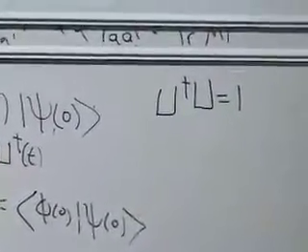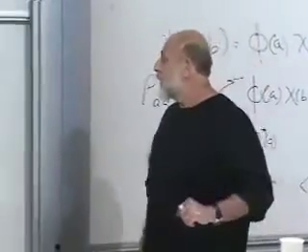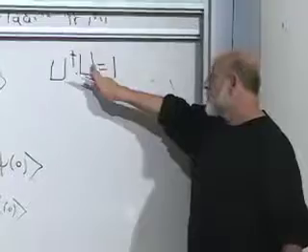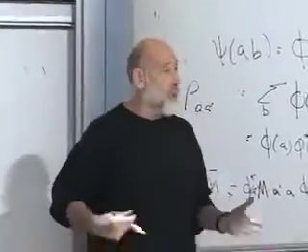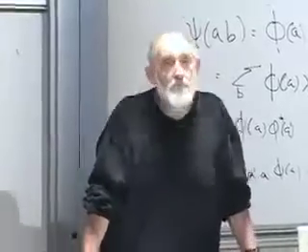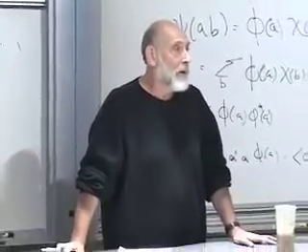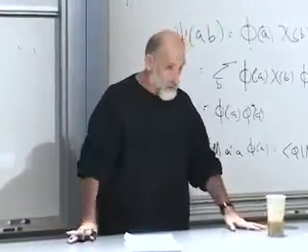Matrices or operators with this property, that the product of them times their Hermitian conjugate is 1. First of all, if these were just numbers, it would correspond to a number times its complex conjugate. If a number times its complex conjugate is 1, what does that say about the number? Unit vector, or radius 1. It's a pure phase, an e to the i theta of some sort.